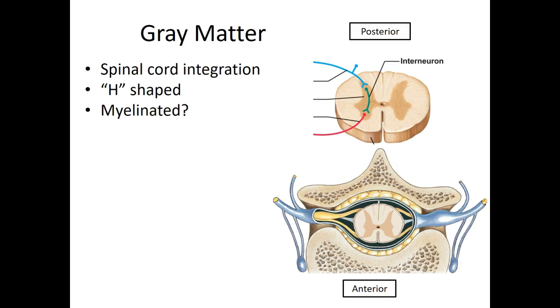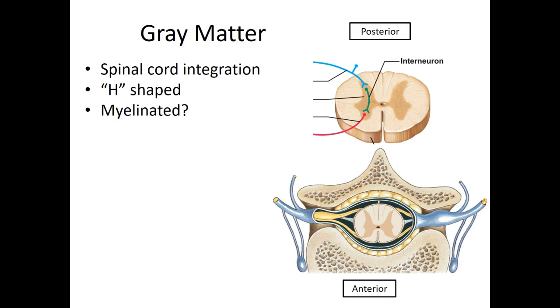Now, who remembers other terms for anterior and posterior? So I heard dorsal's one. What's the other one? Ventral, right? Dorsal and ventral. And I'll tell you why I think it's helpful to remember and talk about these as dorsal and ventral in just a second. All right? So which one would be dorsal? Anterior or posterior?